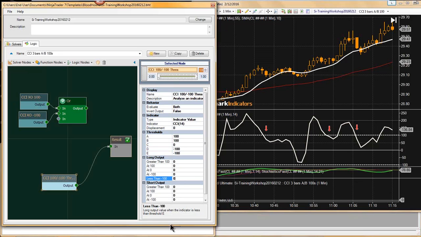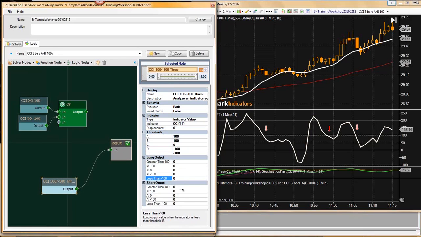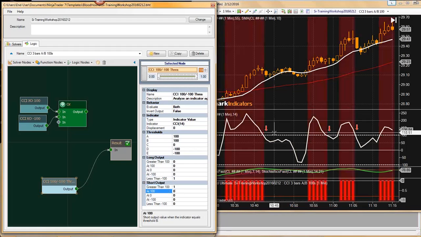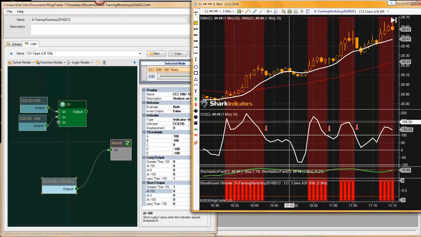And let's see, these are counter trend CCI signals. So we want a long signal when the CCI has been less than negative 100. And we want a short signal when the CCI has been above the positive 100. So there we go, right?